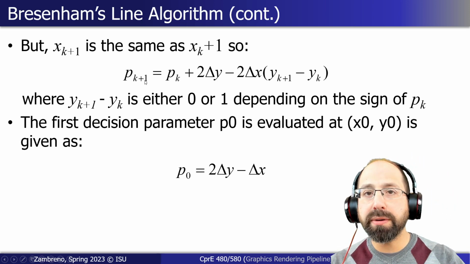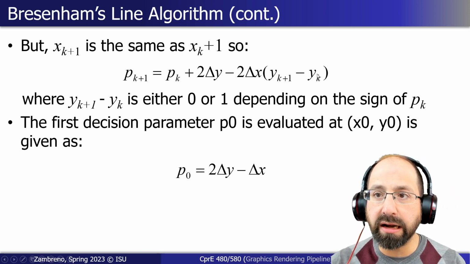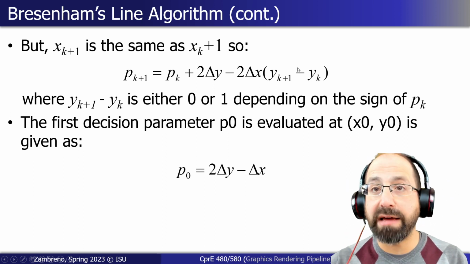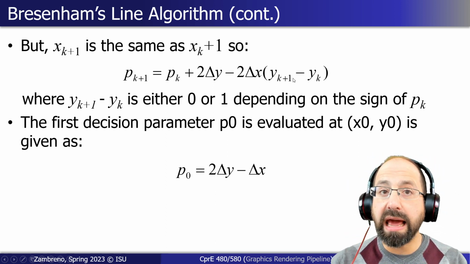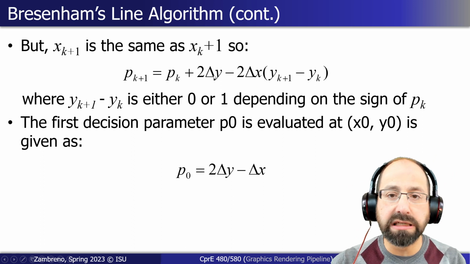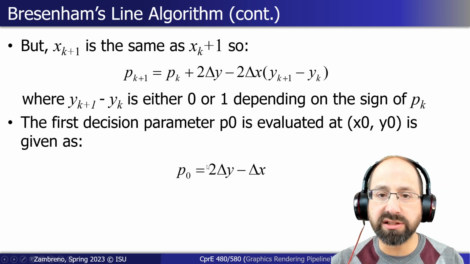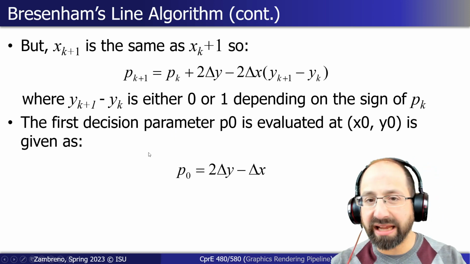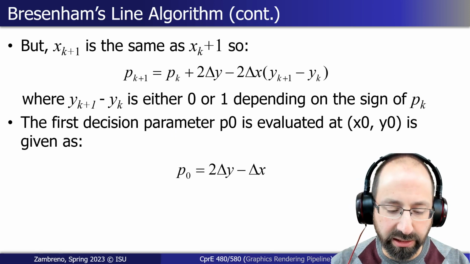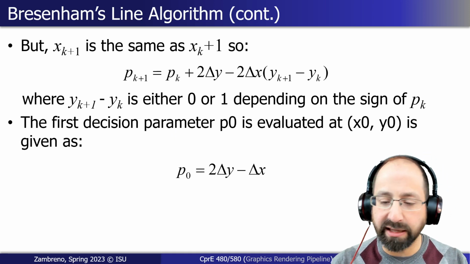If we moved up, then we do have a value of 1 here. If we didn't move up, then we just have a value of 0 here, and consequently, we're just adding the 2 delta y along the way. Going back to our initial value of p sub 0, it's just 2 delta y minus our delta x. You can go back to the algebraic formulation and kind of take my word for that, I think is probably sufficient.